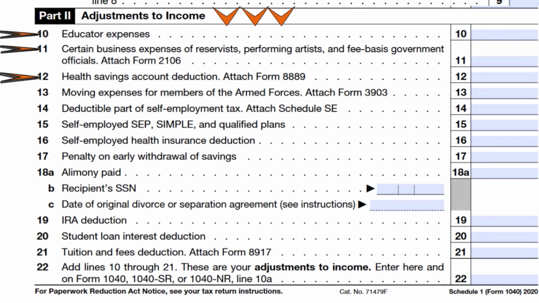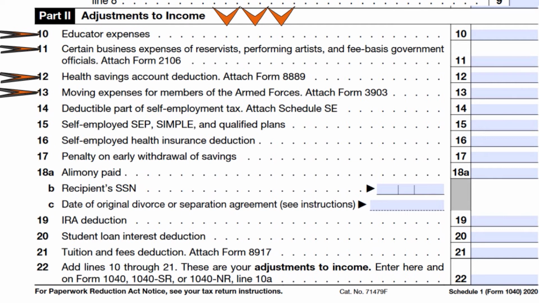Line 12 is for the health savings account deduction or HSA deduction. And you can actually make this deduction if you made contributions to a health savings account outside of employer contributions, rollovers from other health accounts, and actually some contributions from a retirement account. And you also need to complete Form 8889.